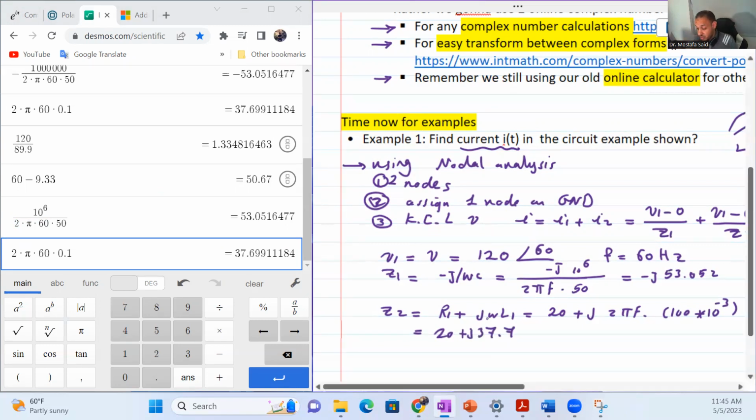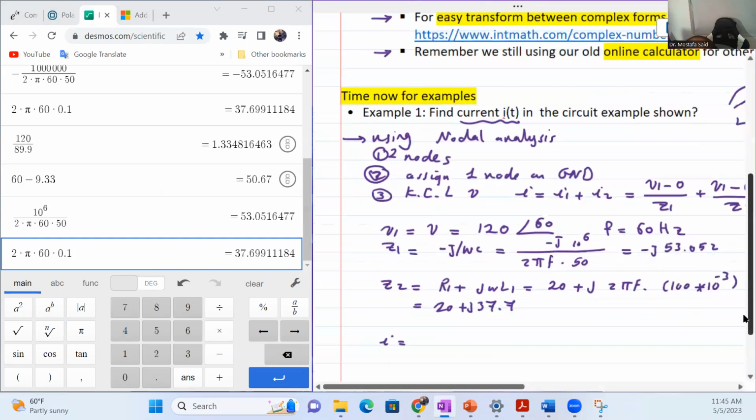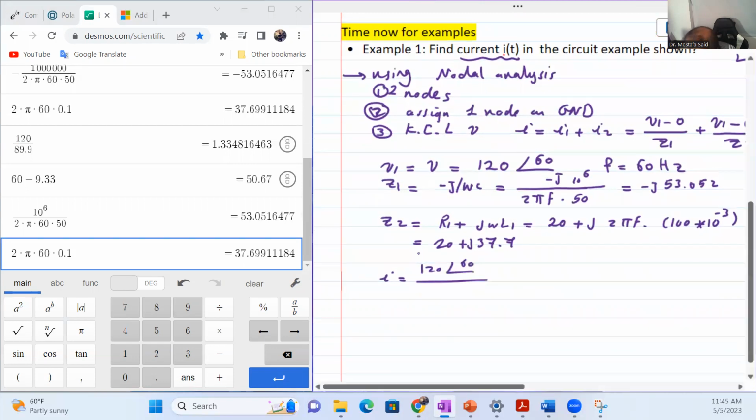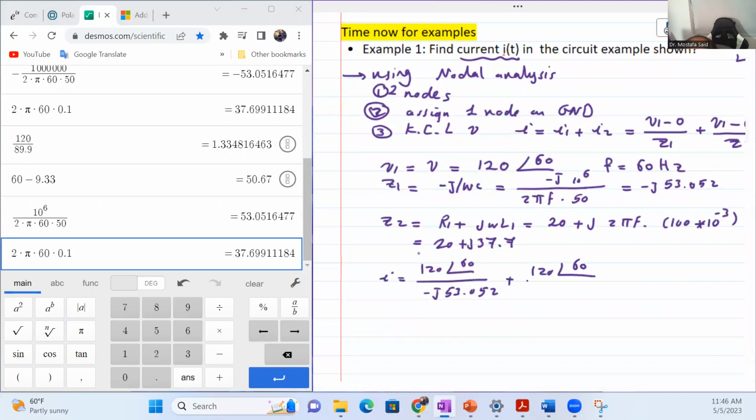So we have Z1 and Z2 in simplified form. So I equals, let's write this down here. E1 is 120 angle 60 divided by Z1, which is minus J 53.052, plus 120 angle 60 divided by 20 plus J 37.7.